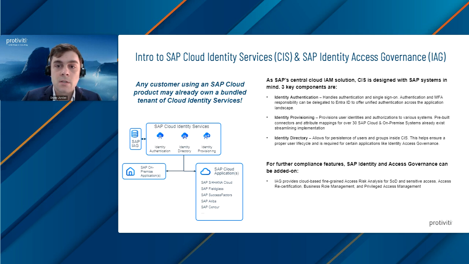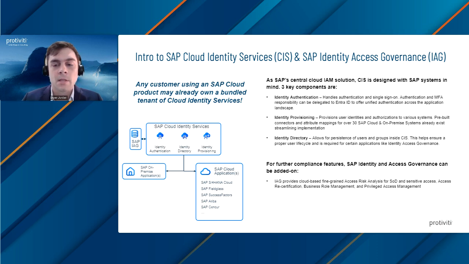There's also the provisioning service, and this is used to actually send user identities and authorizations to the various SAP systems. So CIS has pre-built connectors and attribute mappings for over 30 SAP cloud and on-premise systems. So this really helps when you're trying to connect a new system. You already have username in this system mapped to username in the CIS central component.